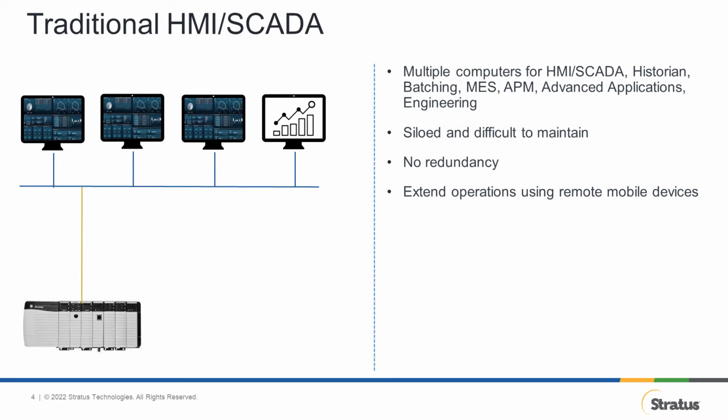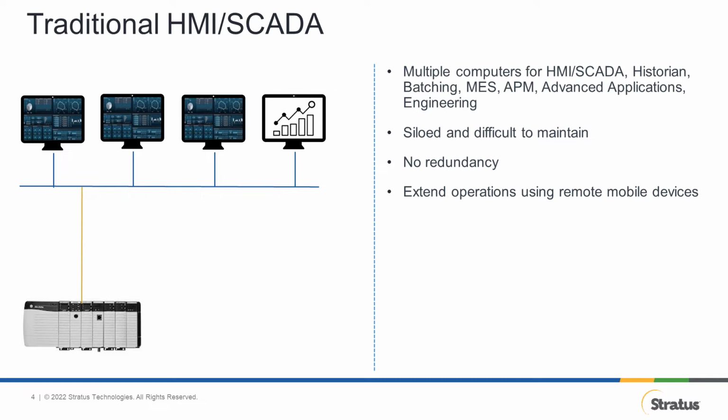If you look at the typical plant or facility, you'll see a lot of this kind of configuration. Let's call it the traditional control and automation architecture, where individual software are installed in standalone computers or servers. You have software like your HMI and SCADA, your Historian, your batching, your MES, your asset performance management, and other advanced applications.